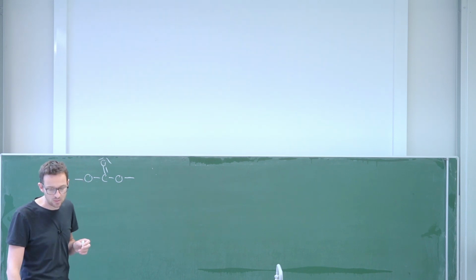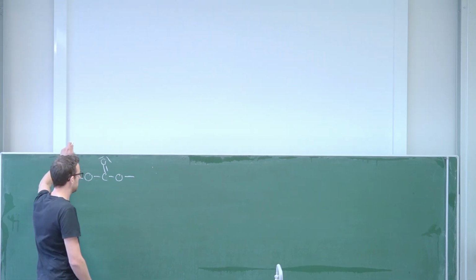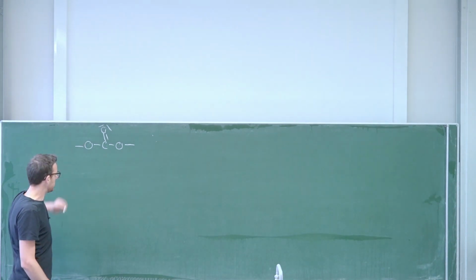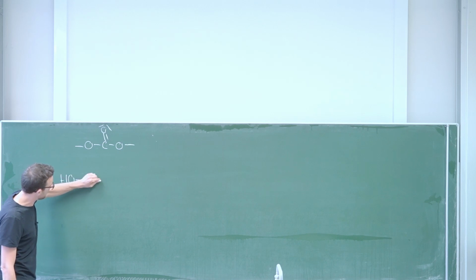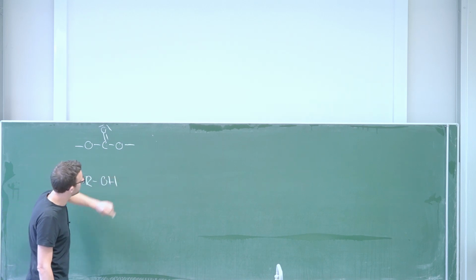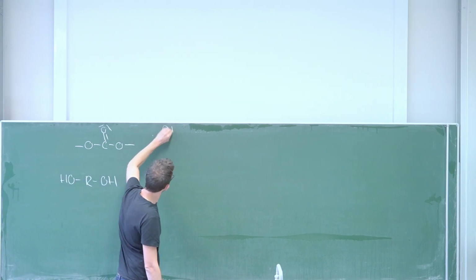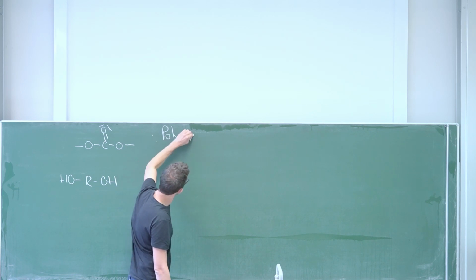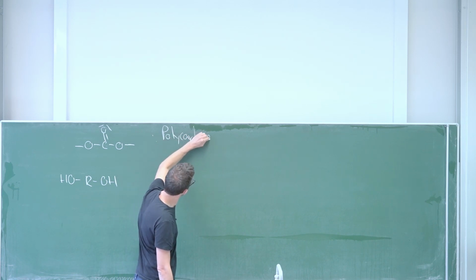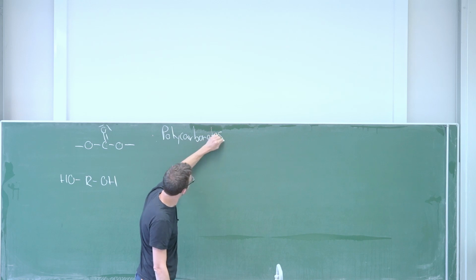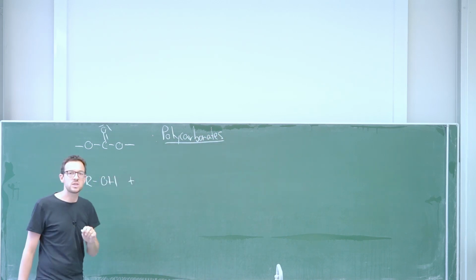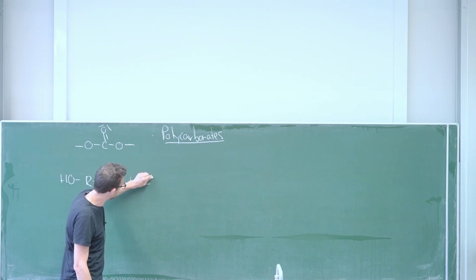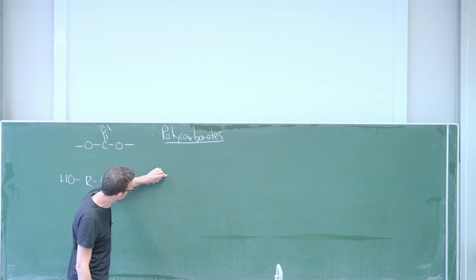Okay, think about this a little bit. So we need to let react a dialcohol, and we need to let this react with the missing substance, and what is used is typically a substance that looks like this.